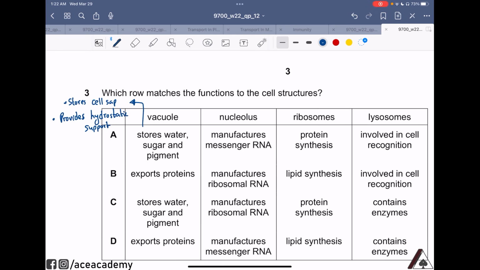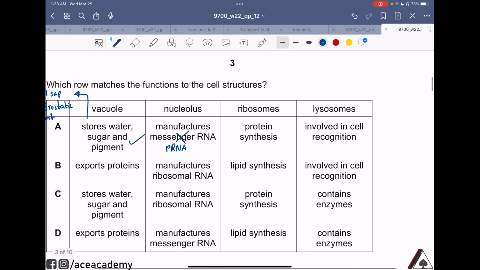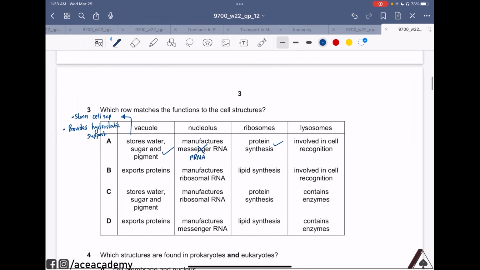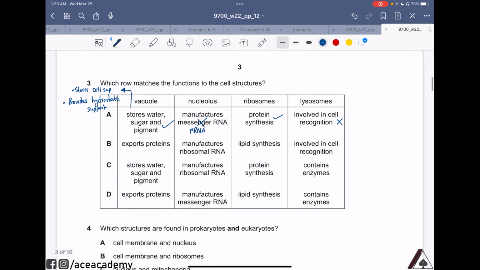It helps with keeping things turgid. So this is correct. Nucleolus manufactures messenger RNA? No, it's incorrect. It's actually rRNA. Then ribosomes, protein synthesis. Yes, this is correct. And lysosomes involved in cell recognition? No, it is not correct because lysosomes contain hydrolytic enzymes.